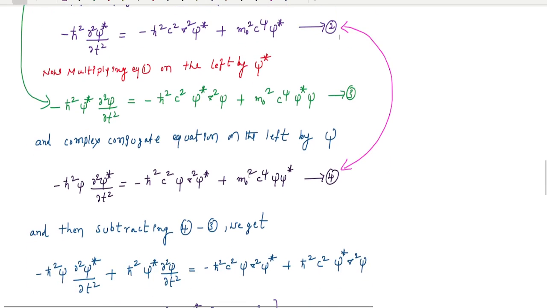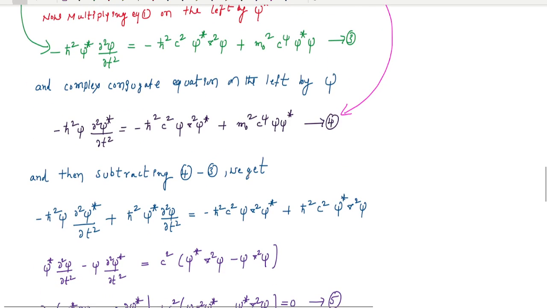The next step is we need to subtract one equation from the other. So here I'm going to subtract equation number 4 minus equation number 3. Here minus is there, right? Minus gets plus. This is the equation number 4 term. Here already minus is there.